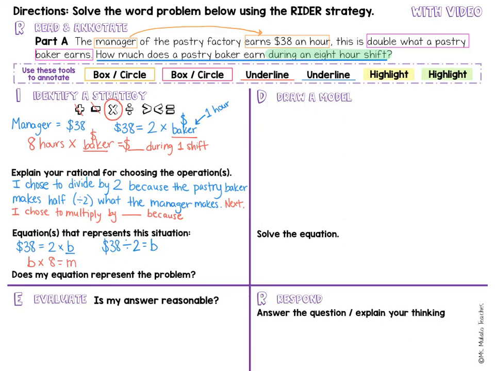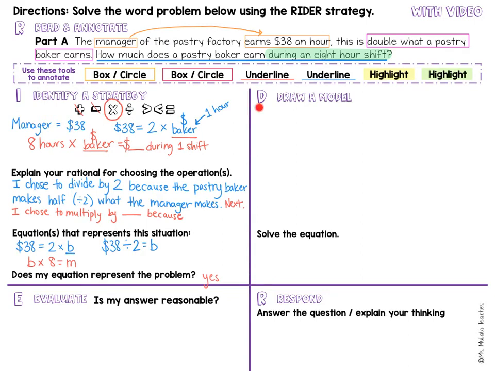We switched that around so that we could find out how much the baker earns. How much does a pastry baker earn during an 8-hour shift? We have how much the baker earns in 1 hour times 8 hours, which equals how much money they made. So yes, my equation does represent this problem.